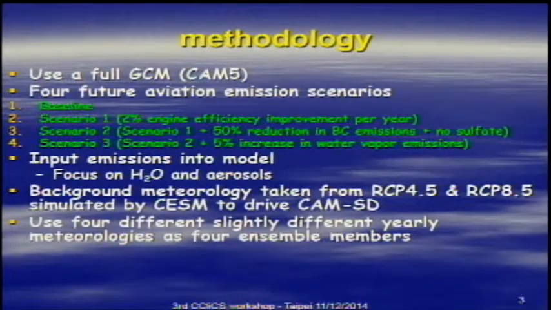The background meteorology is taken from a previously performed fully coupled simulation based on RCP 4.5 and 8.5. And we use 4 slightly different annual meteorologies to address the uncertainty based on different background meteorologies.